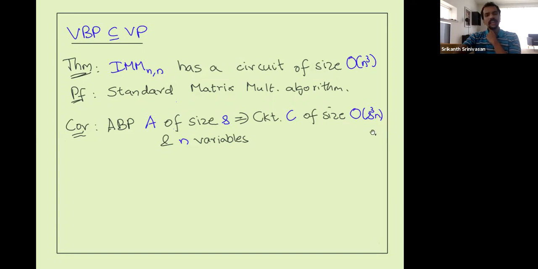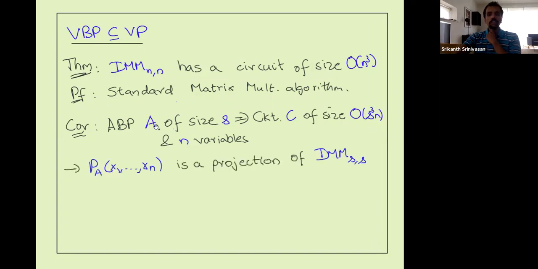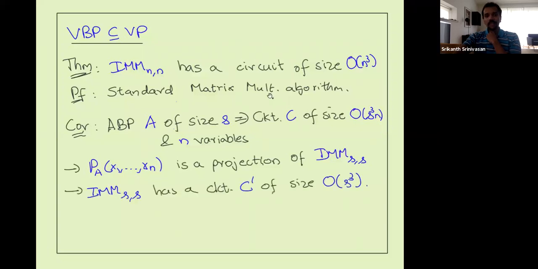Okay, and why is that? Well, it's very simple. We saw already that if you have an ABP of size S, then this polynomial is a projection of the iterated matrix multiplication polynomial with parameters S and S, right? So by the theorem above, the IMM polynomial has a circuit of size S cubed. Now starting with the IMM polynomial, I can apply the projection and get a circuit for the polynomial P_A, which is represented by the ABP.